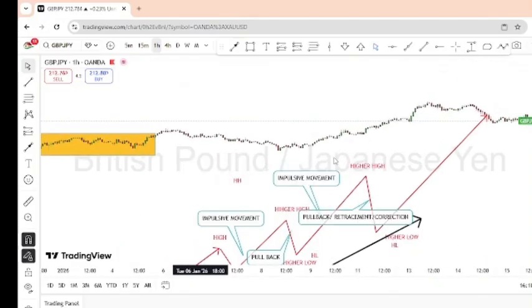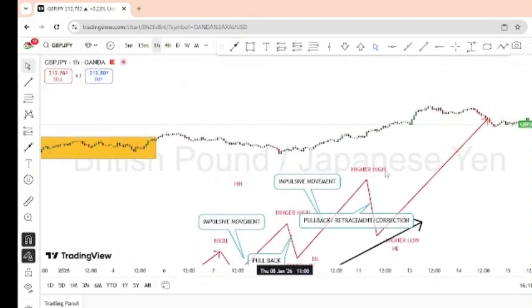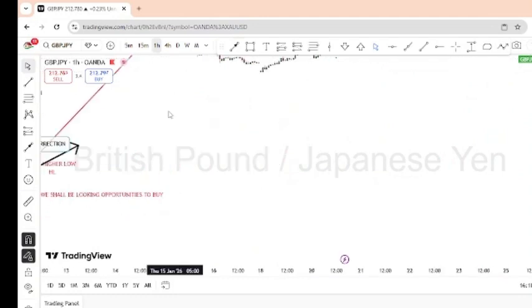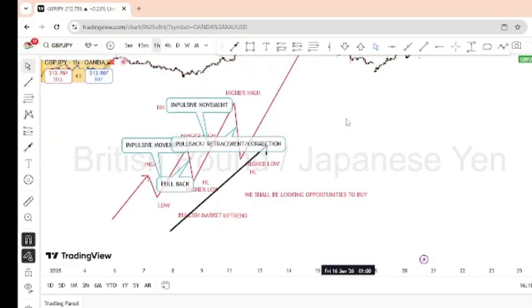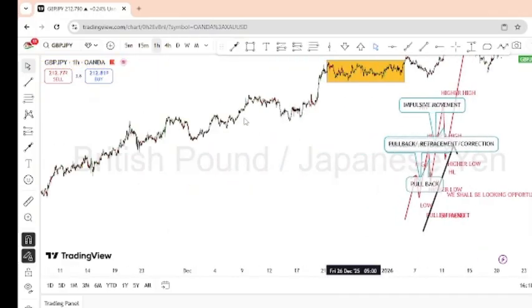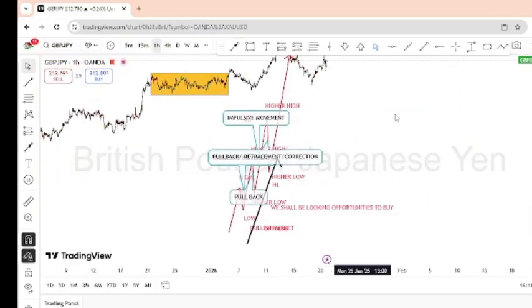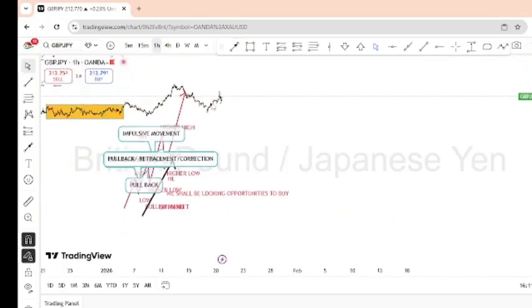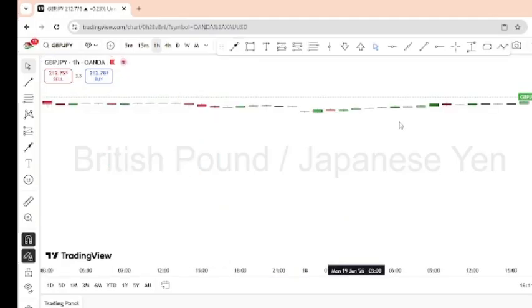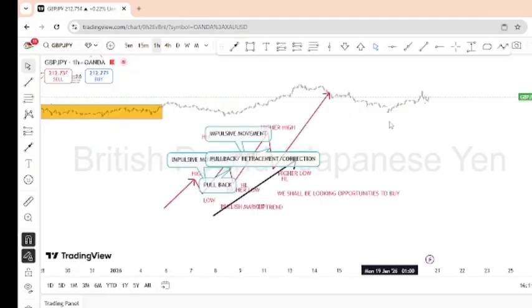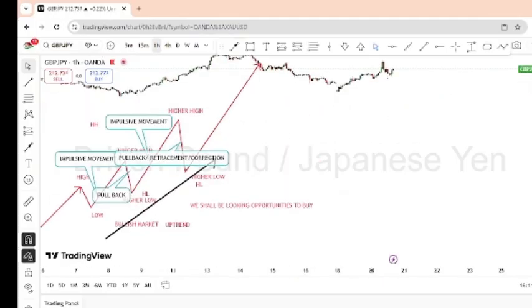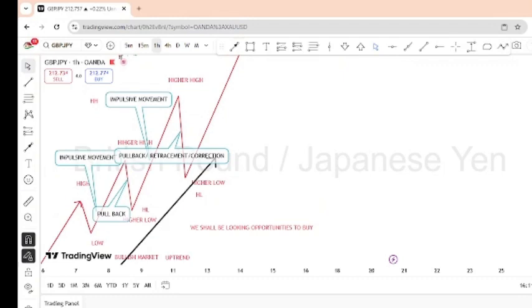Okay, so we have the same thing. We have the opposite thing for the sell. Let me come a little bit to this side and let me draw the sell for you.